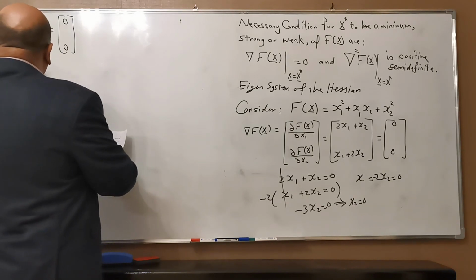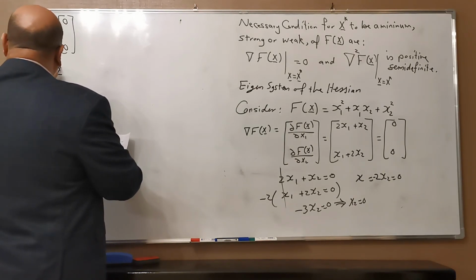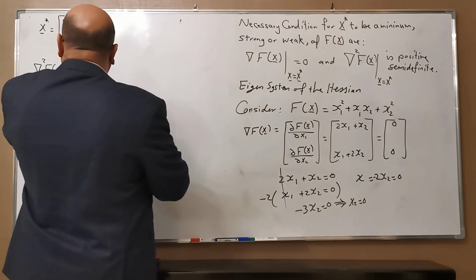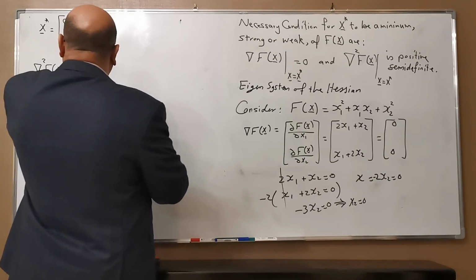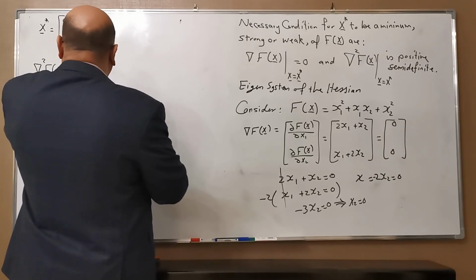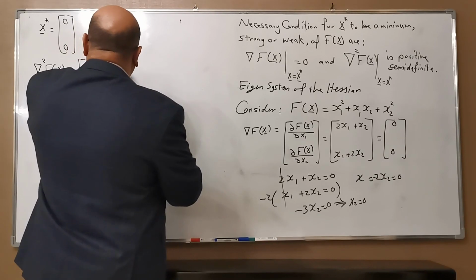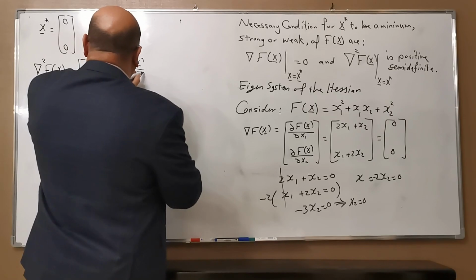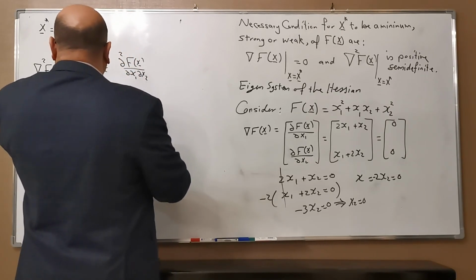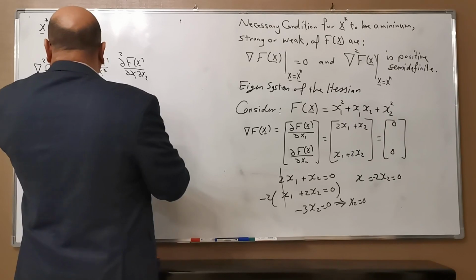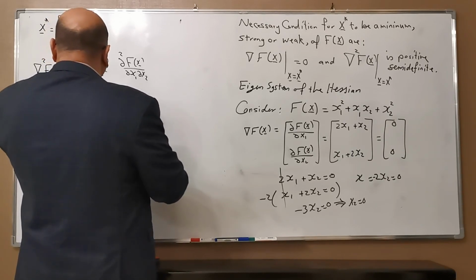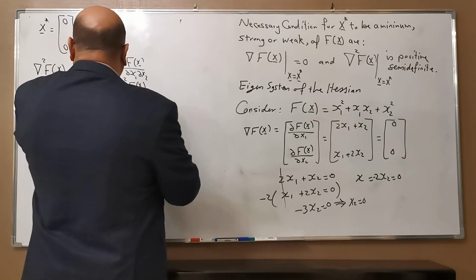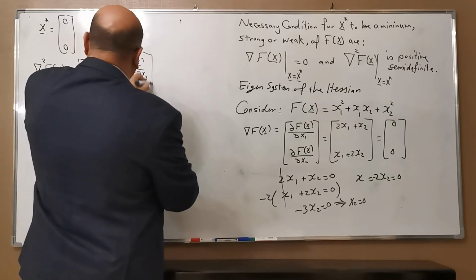Okay, let's find the Hessian matrix, which is equal to partial 2f of x, partial x1 squared, partial 2f of x, partial x1 partial x2, partial 2f of x, partial x2 partial x1, and the last one is partial 2f of x, partial x2 squared.